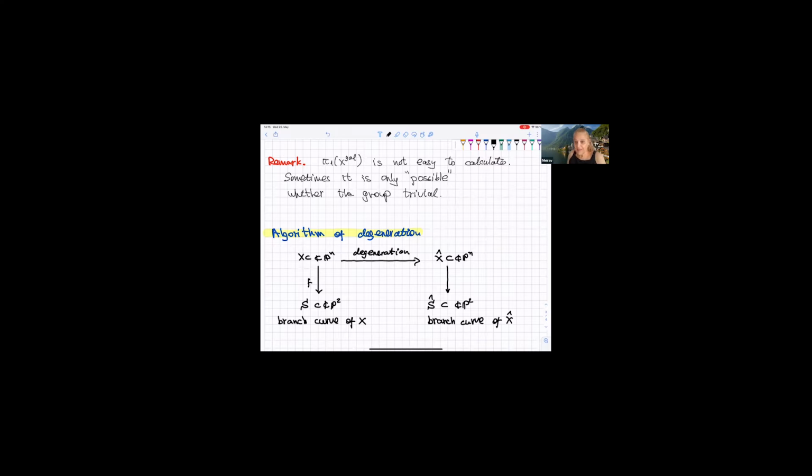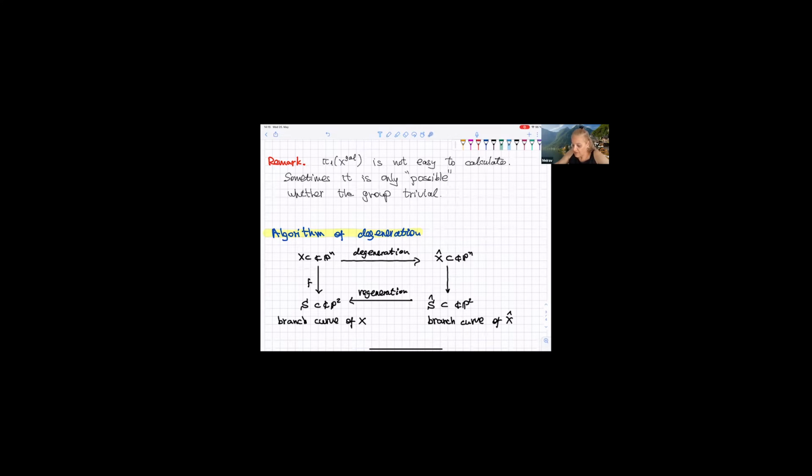After I get S hat, we can do a reverse process, which is called regeneration, and we can try and recover S and find directly the group, the presentation of G actually.